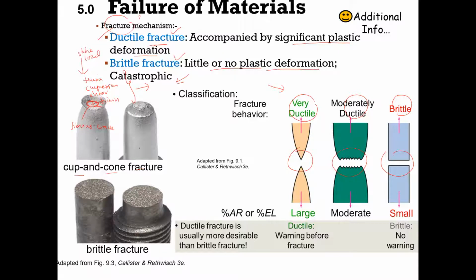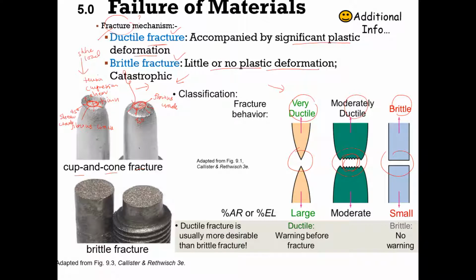And at the edge of this specimen, around a 45-degree angle, is the shear crack. Same goes to the other part, which is at a 45-degree angle as the shear crack, and at this particular region in the middle, we call it a fibrous crack.